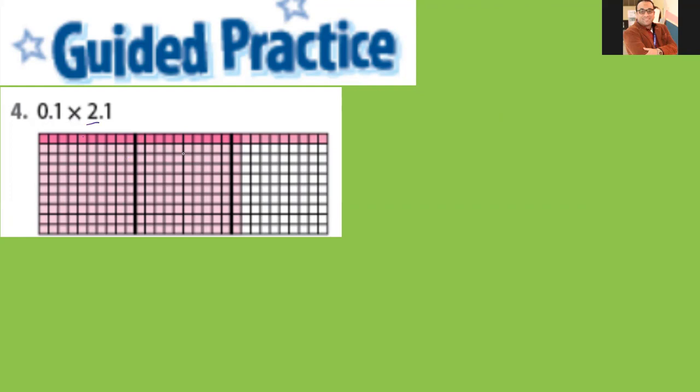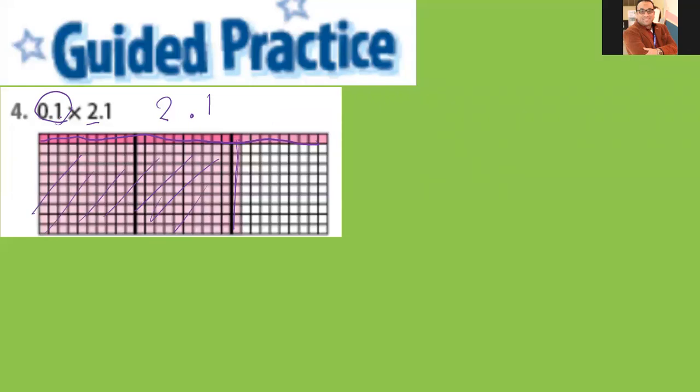So we need 2 whole grids shaded first, to represent this 2 as a whole number. Then we need the third grid to represent just 1 to make 2.1. After that, we will shade 1 row in all of them to represent 0.1.